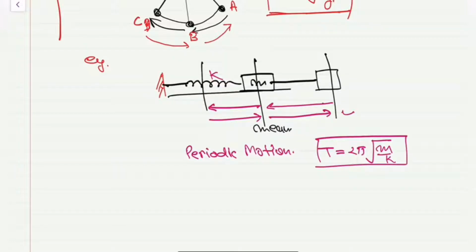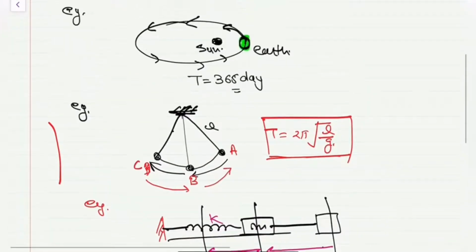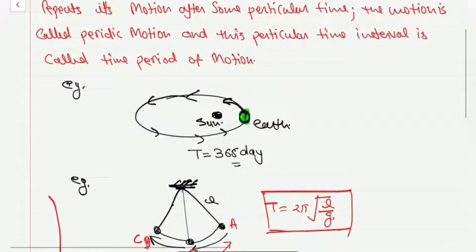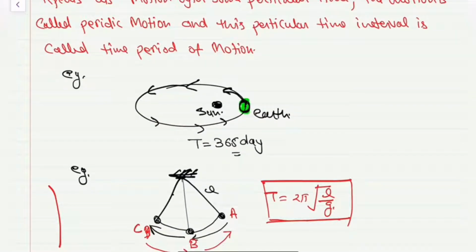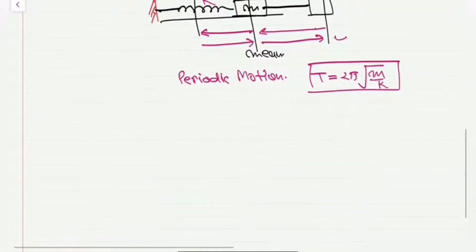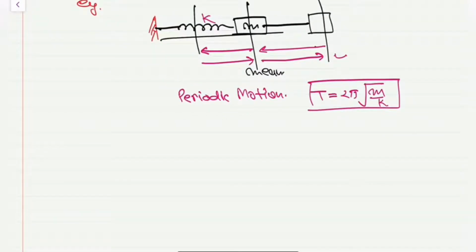Now, as we have seen, any object that moves around some particular path is called periodic motion, and this periodic motion can further be explained on the basis of oscillation. What is oscillatory motion?